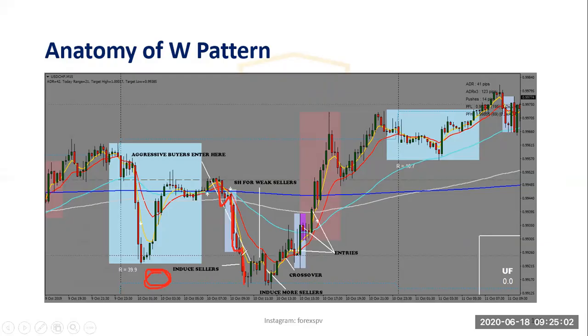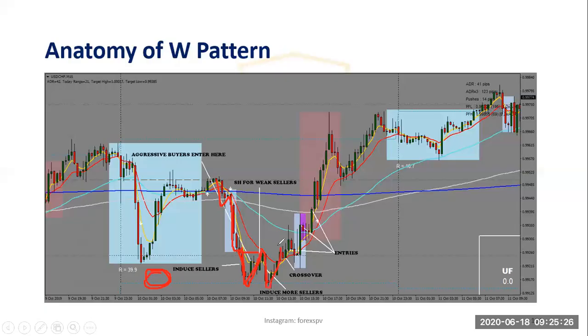After inducing sellers, we'll have a stop hunt for weak sellers who entered their orders and put their stop loss nearby. But also this is an entry for aggressive buyers. And then we would have more inducement to sellers, and eventually the market would reverse.